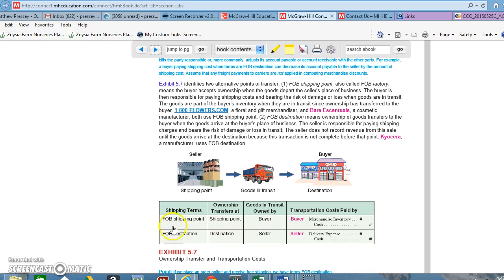And pay attention to these terms here. FOB shipping point is when the buyer owns the merchandise. Ownership actually transfers when it leaves the seller's building. And the other term is FOB destination, which is where the seller owns the merchandise until it reaches the buyer's warehouse.